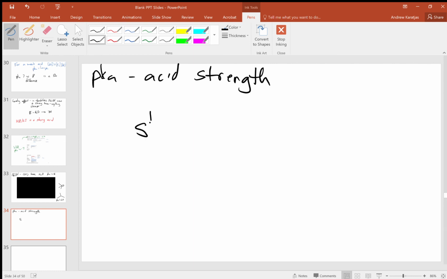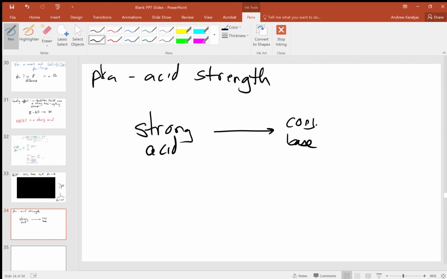So if we have a strong acid, we're going to think about this in the Bronsted-Lowry definition. A strong acid is one that just wants to get rid of those protons. And so if something's a strong acid, after it gives up those protons, it's going to form a conjugate base.